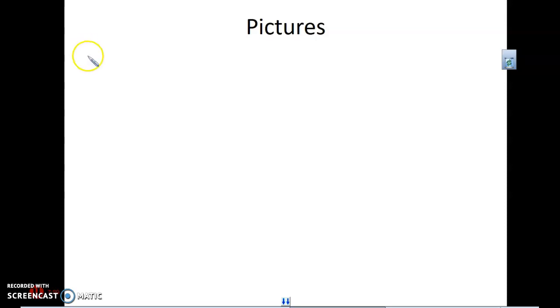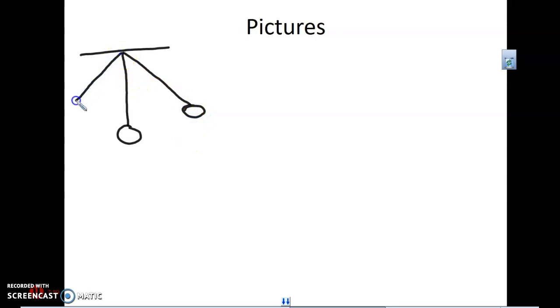I did the spring back and forth, but let's look at a pendulum. And here I have a pendulum that is at equilibrium, and I can pull it out of equilibrium. Okay, my circles are pretty bad there, but I can pull it out of equilibrium. And so what's going to happen here is I could think of this as negative A and positive A amplitude.